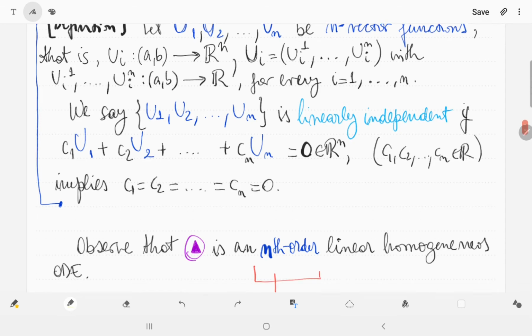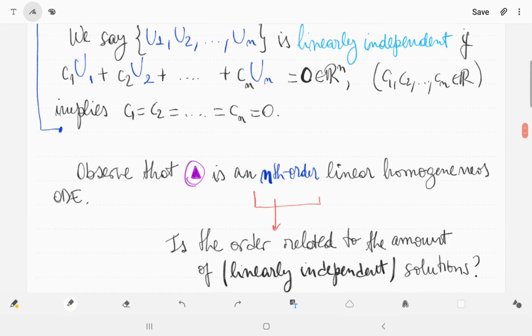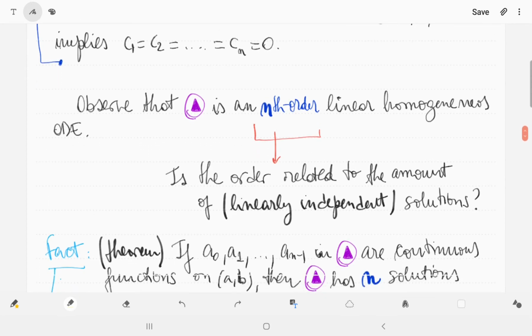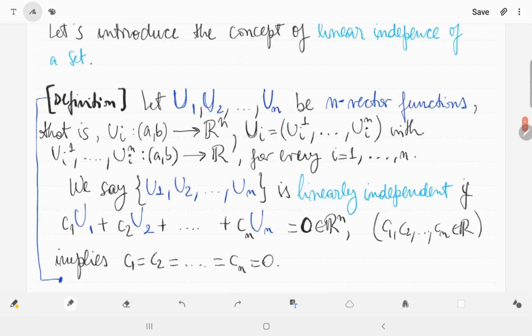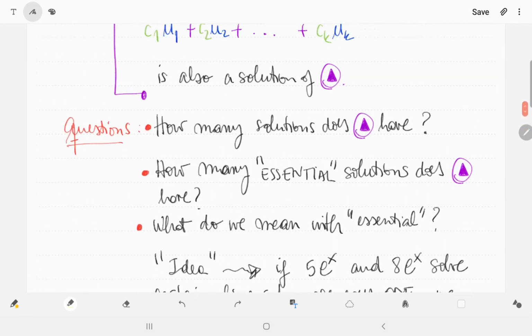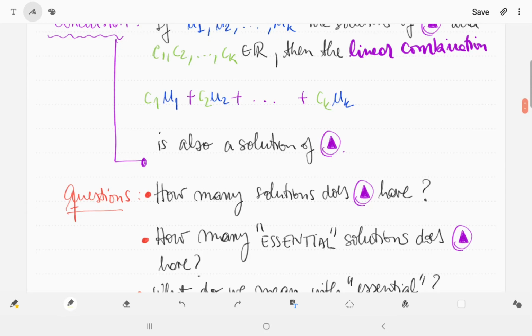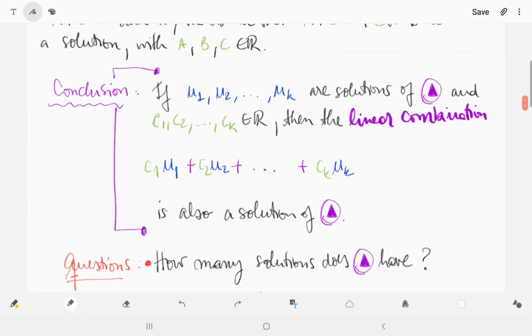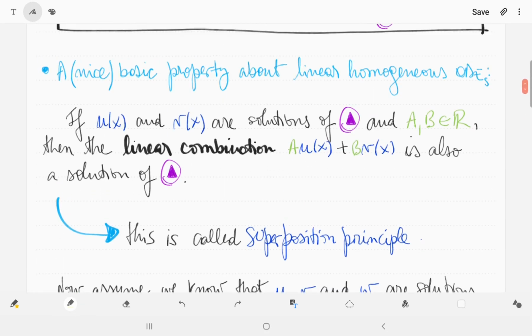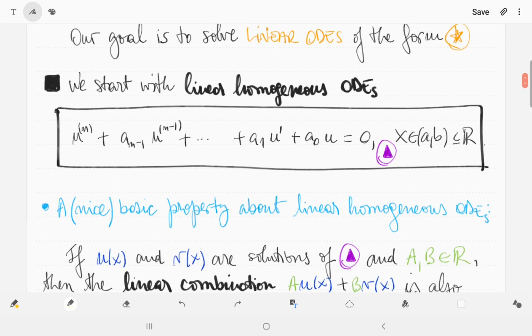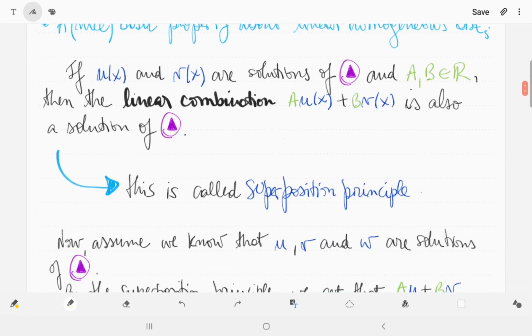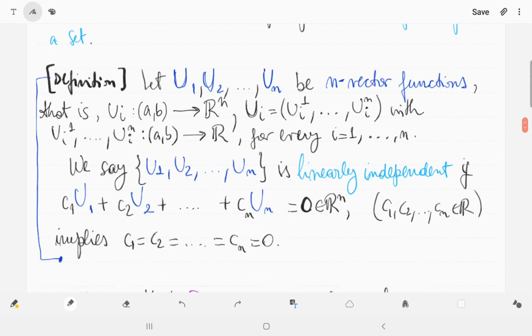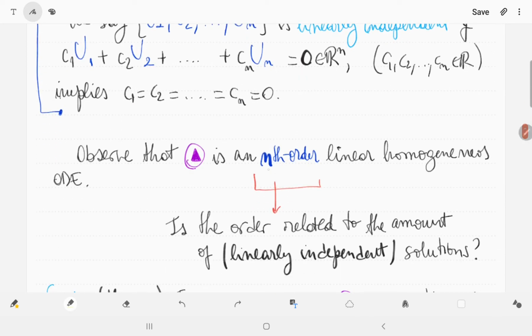How do we use this in the context of ODEs? So let's get back to our linear homogeneous equation with this purple triangle. Okay, so we have this equation, the order is n, and it is homogeneous.